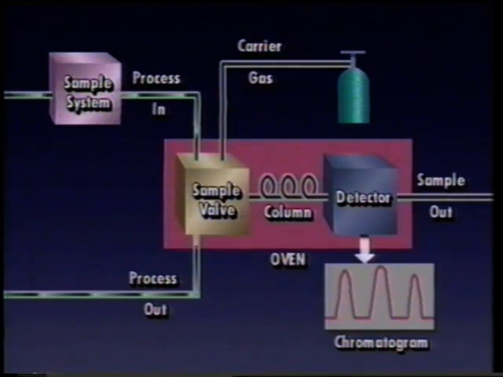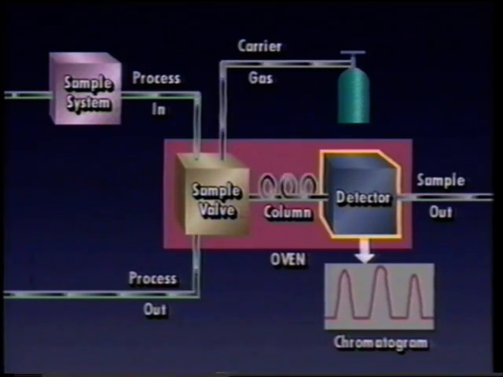In a gas chromatograph system, the sample is continuously flowing from the sample conditioning system through the sample injection valve. The carrier gas flows into the sample injection valve and through the gas chromatograph. During sample injection, the carrier gas sweeps a pre-measured amount of sample through the column where separation takes place.